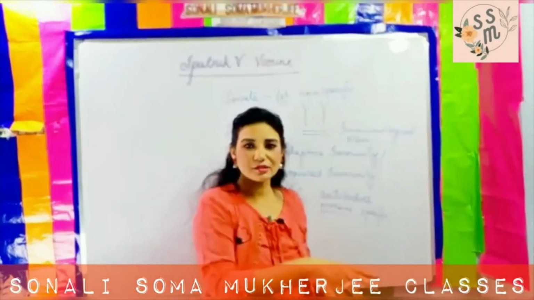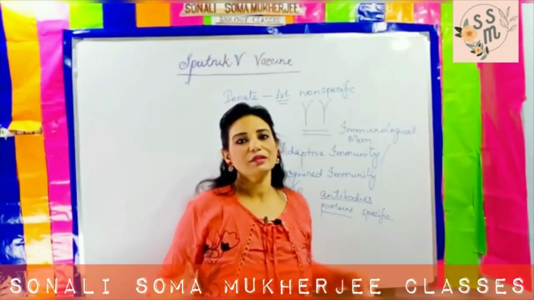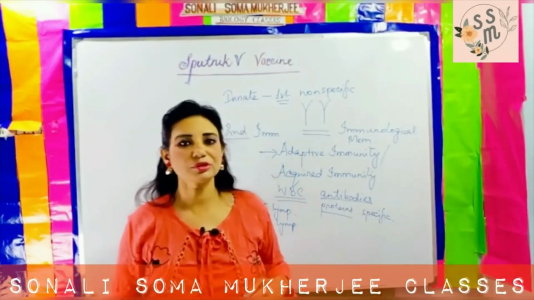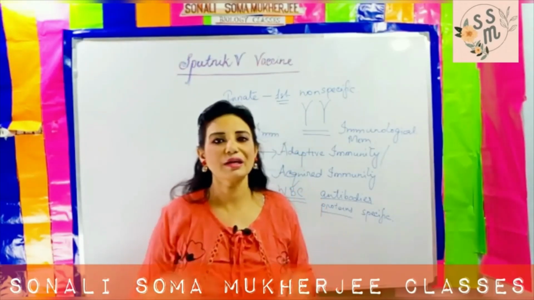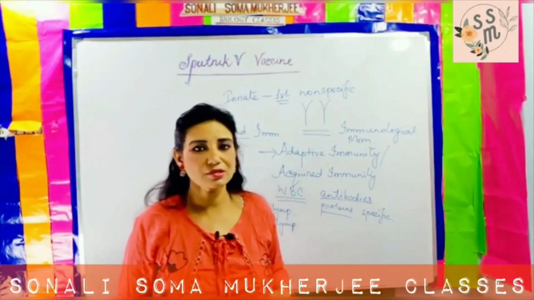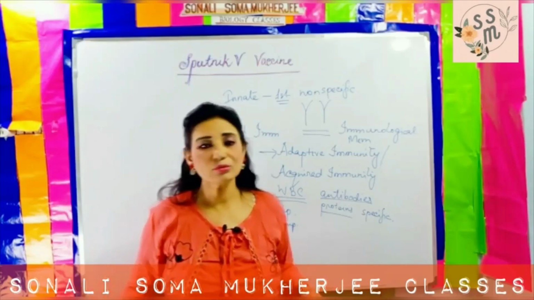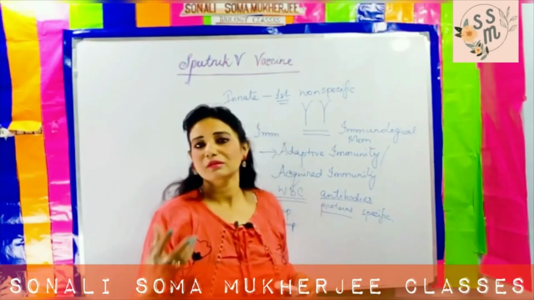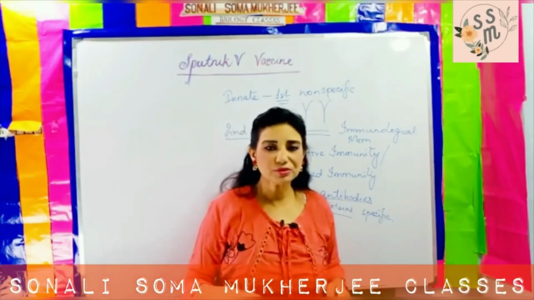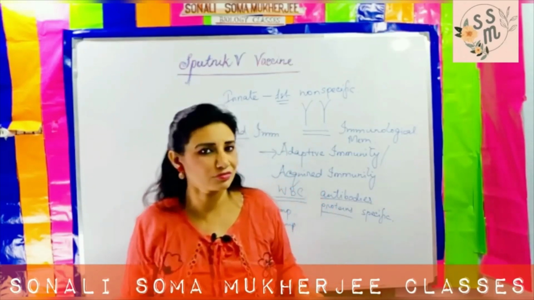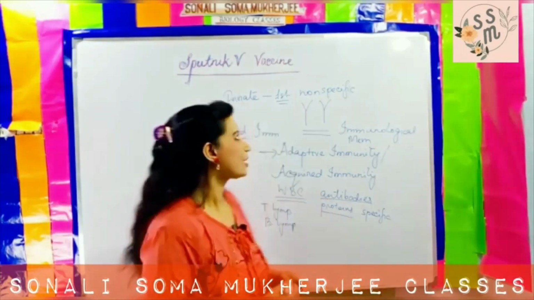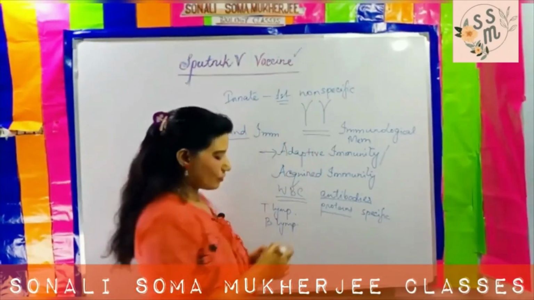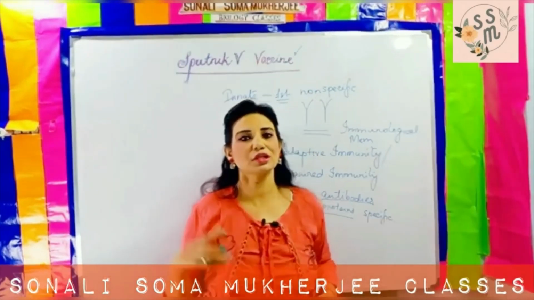It remembers that yes, this is the enemy I had fought earlier, and then it binds. Antibodies have a big responsibility. They bind with the pathogens, the antigens found around, so that the host is safe. This is the whole idea, and this idea is actually the idea of vaccination. Vaccination is artificial inoculation.